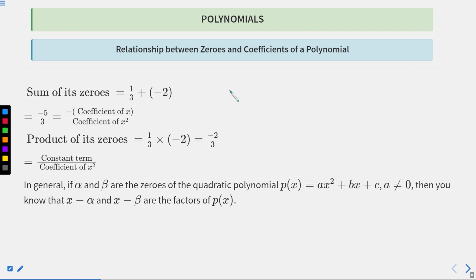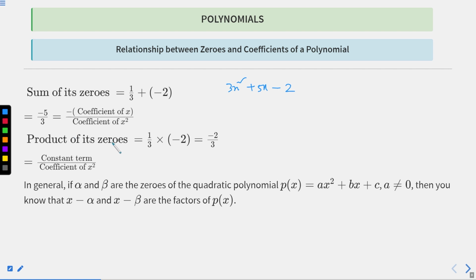Here we have the polynomial 3x square plus 5x minus 2. So the sum of its zeros is 1 by 3 plus minus 2, which is equal to minus 5 by 3, and this is actually equal to minus coefficient of x divided by coefficient of x square.